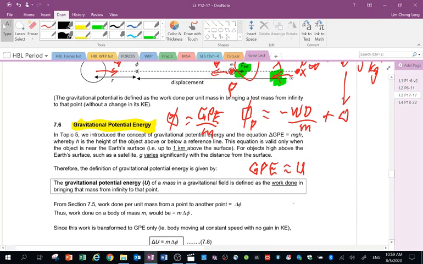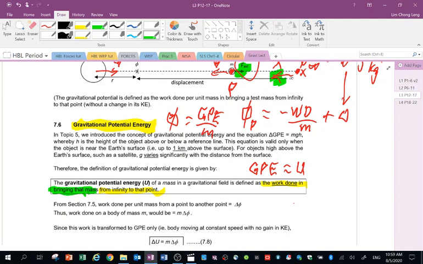So now we define gravitational potential energy of a mass in a gravitational field as the work done in bringing that mass from infinity to that point. So I want you to take note, it is not per unit mass, it's bringing that mass. So that is the difference between this definition compared with the definition for gravitational potential.